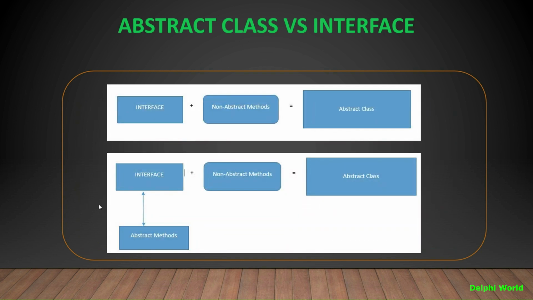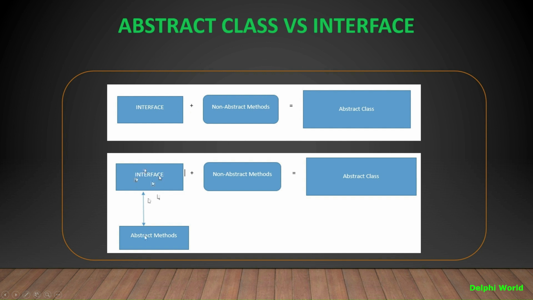Now you can see in this picture, the interface has only abstract methods, because an interface is nothing but a pure abstract class.